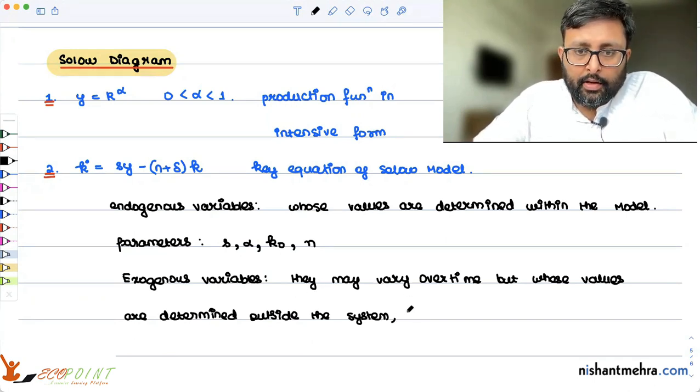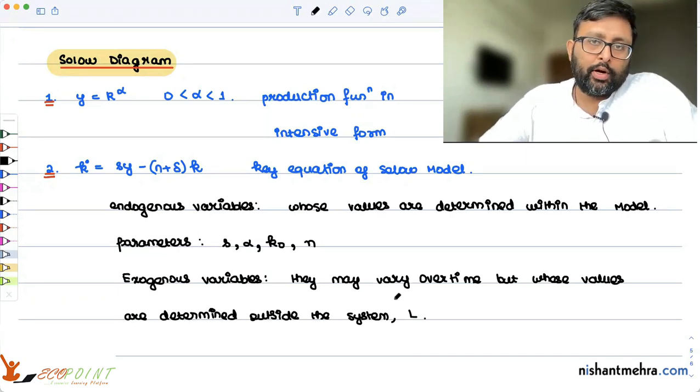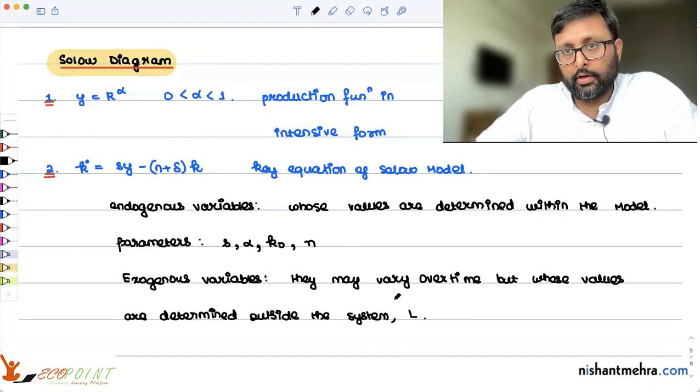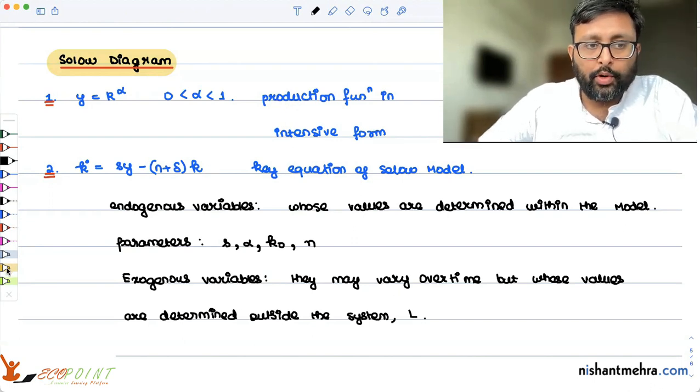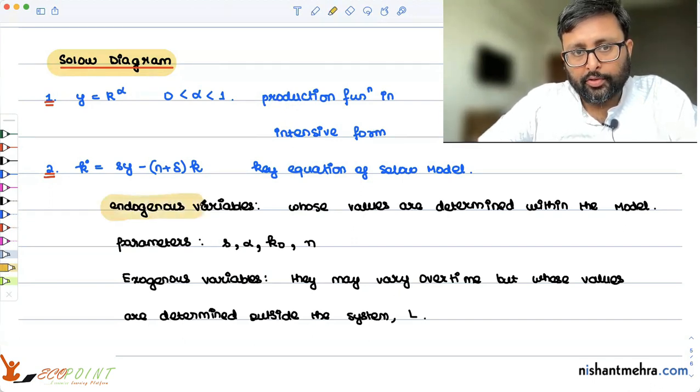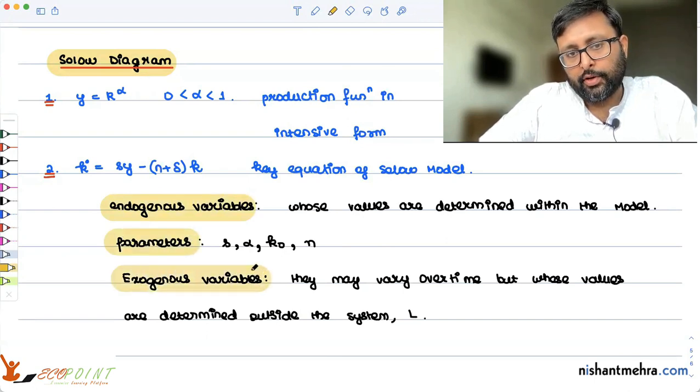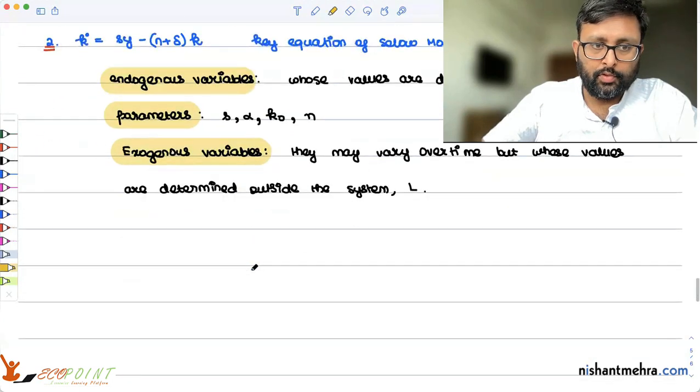So, for example, capital N. You should understand what the endogenous and exogenous variables are, what the parameters are, what you can determine and what you can't, and what is given to you from outside. So you know what is endogenous, you know what are parameters, and you know what are exogenous variables. Okay.